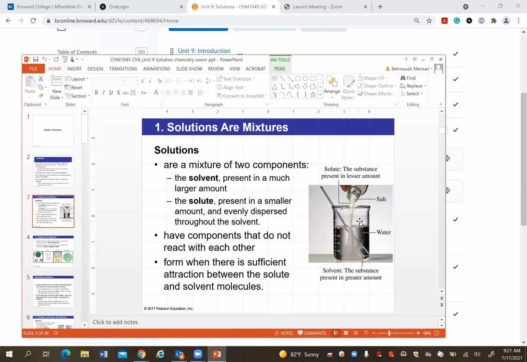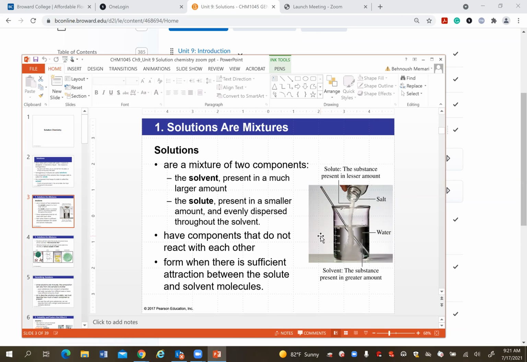A solution is transparent. If you take a piece of paper that has writing and keep it on the other side of the solution, you should be able to see the writing through the solution, because a solution with a liquid solvent is transparent.